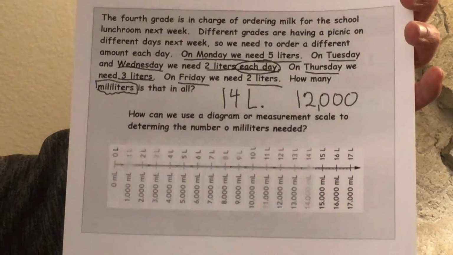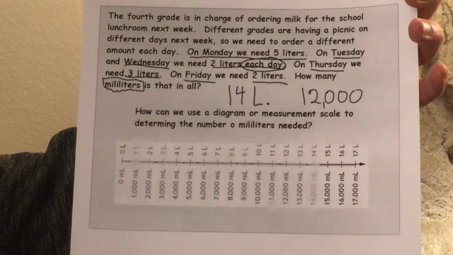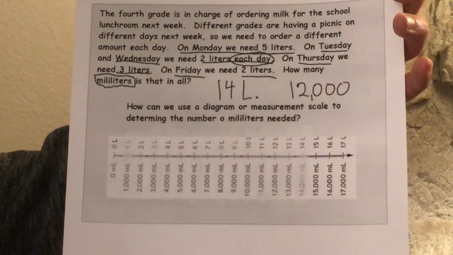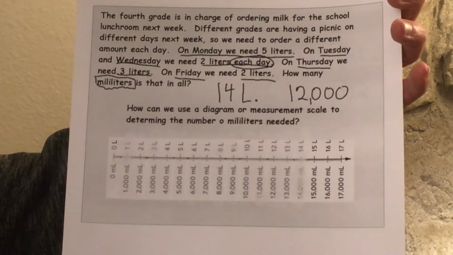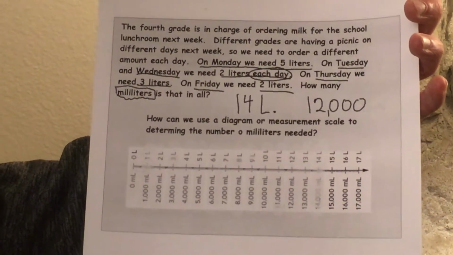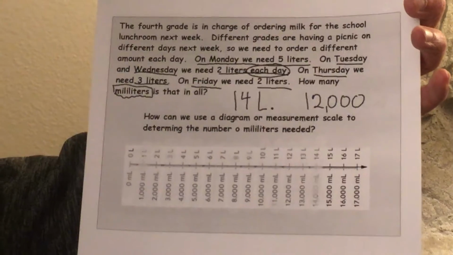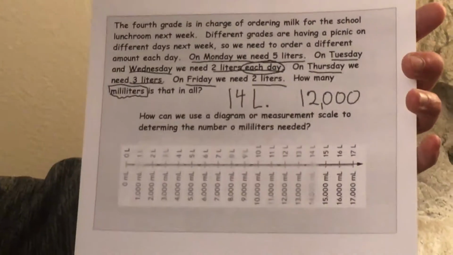On Tuesday and Wednesday, we need 2 liters each day. On Thursday, we need 3 liters. On Friday, we need 2 liters. How many milliliters is that in all? Okay, guys, I want you to work with your partner that's sitting next to you and try to figure out how to solve this problem.